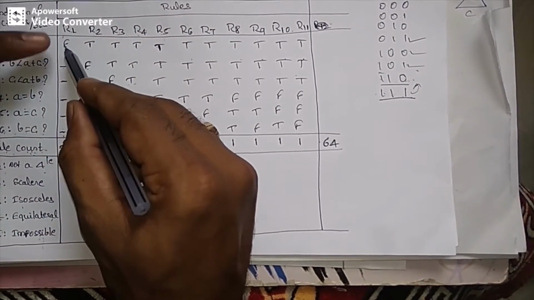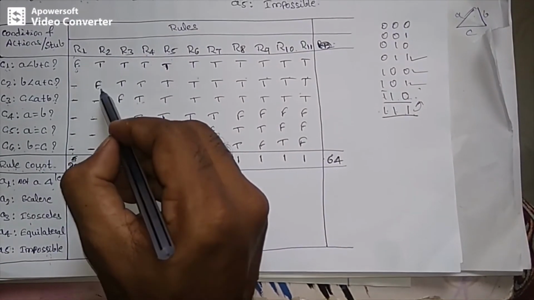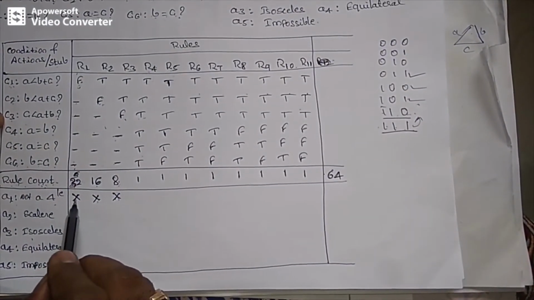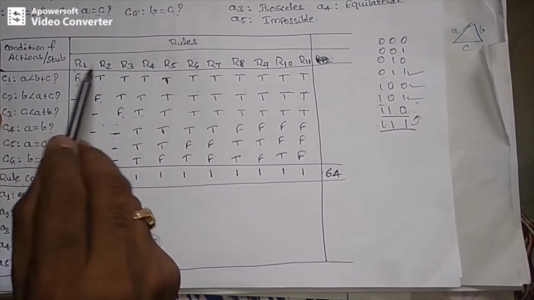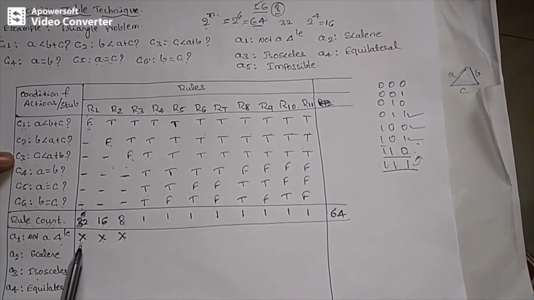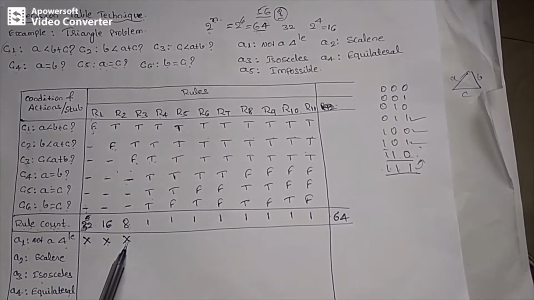Clear? Now you can see condition 1 is false here, condition 2 is false here, condition 3 is false here. The expected output result in rule 1, rule 2, rule 3 will be not a triangle, not a triangle, not a triangle.